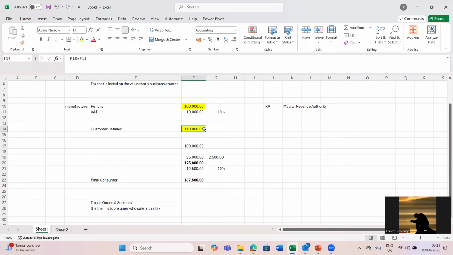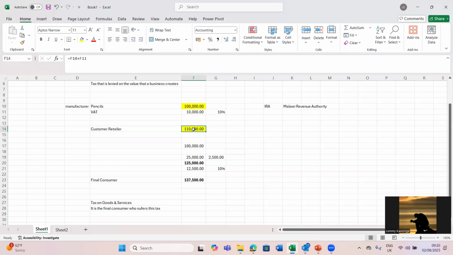It means it has consumed. So there's no need of saying we have to send the 10,000 to MRA. No, the revenue authority has already collected the 10,000 through the manufacturer. And if the retailer here decides to use all the pencils, it means the VAT will be suffered by the retailer.